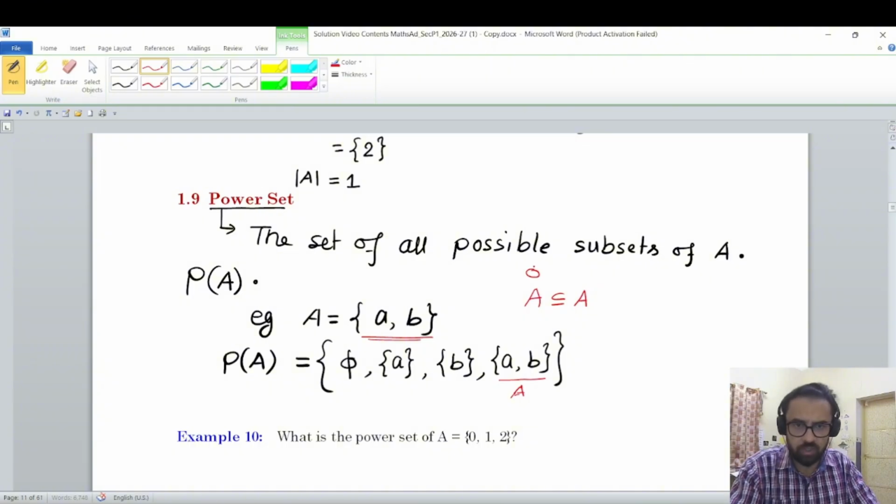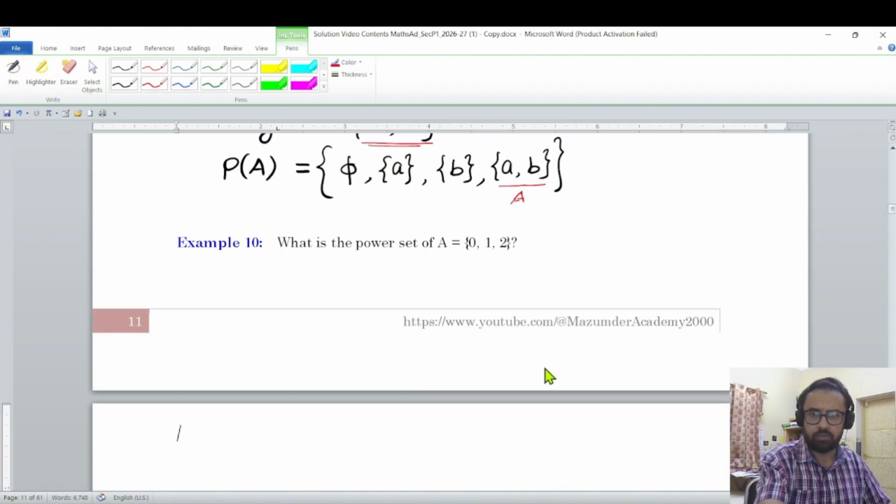Like phi is always a subset of any set, and any set itself is always a subset of itself. So these 2 points you always remember. Any set is always a subset of itself. Okay, so how to find the power set we have seen.